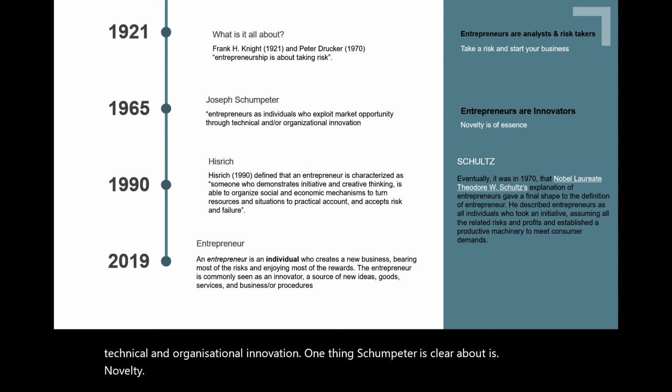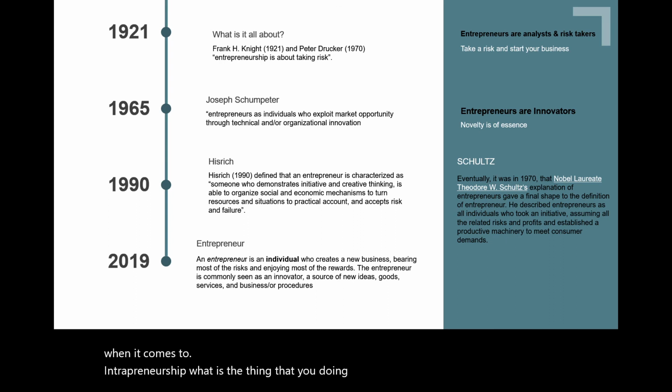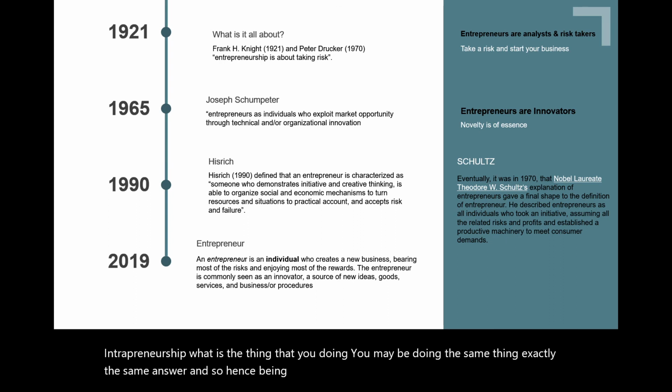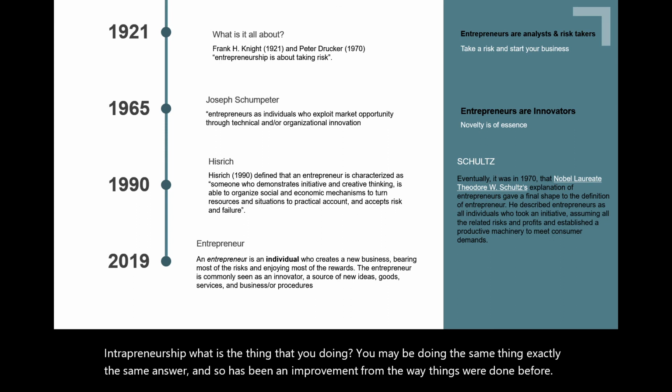We cannot have organizations in the absence of novelty. There has to be a dash of innovation when it comes to entrepreneurship. What is the thing that you're doing new? Maybe you're doing the same thing as so and so, but as an improvement on the way things were done before. That's innovation right there.